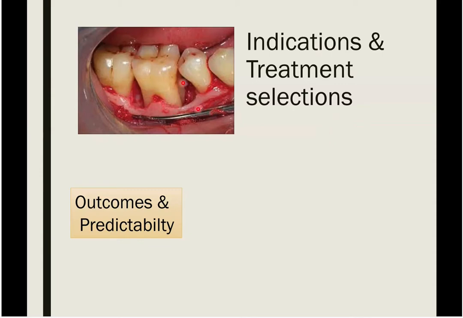So if we look at this image, we can see that there's a deep defect on the mesial aspect of the molar and one on the distal aspect of the molar. And it appears that there's a nice wall on the buccal of this defect.